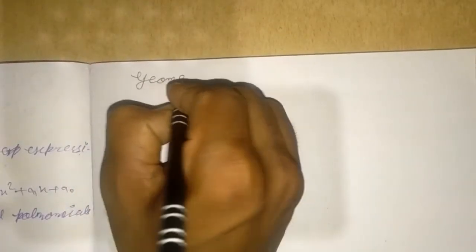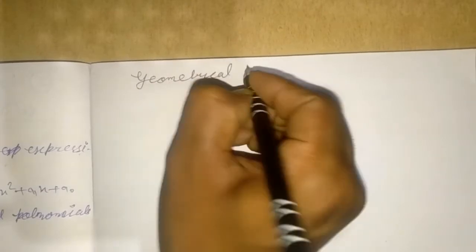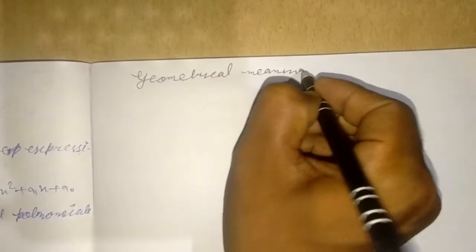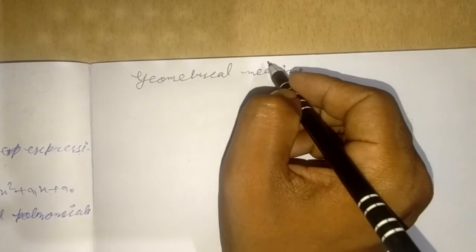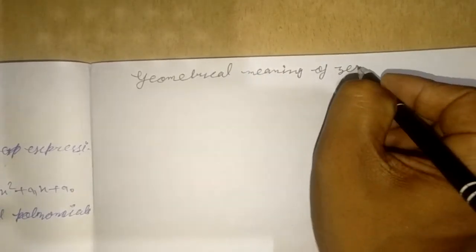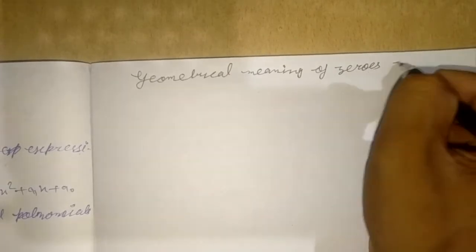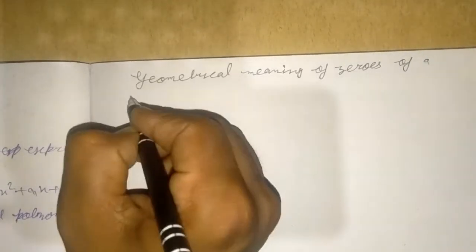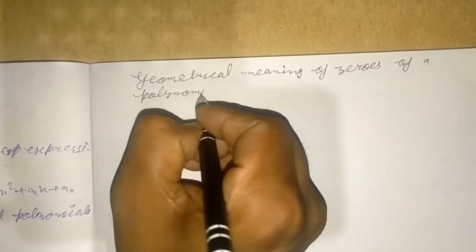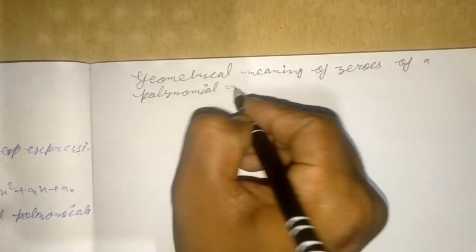Okay, so our next heading is the geometrical meaning of zeros of a polynomial.